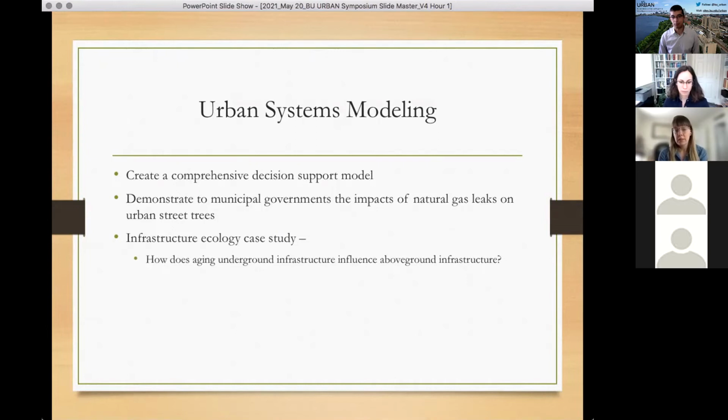So my goal is to use a couple of different urban systems modeling techniques and programs to create a comprehensive decision support model that would demonstrate the impacts of natural gas leaks on urban street trees. And this is a case study of how infrastructure ecology, or the influence of underground infrastructure on above ground infrastructure, works, and thinking about urban systems as a whole.